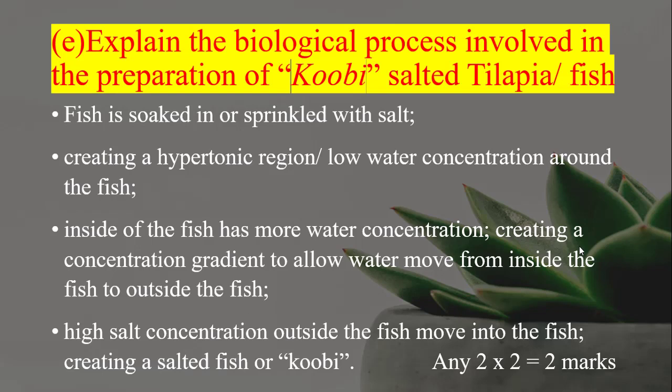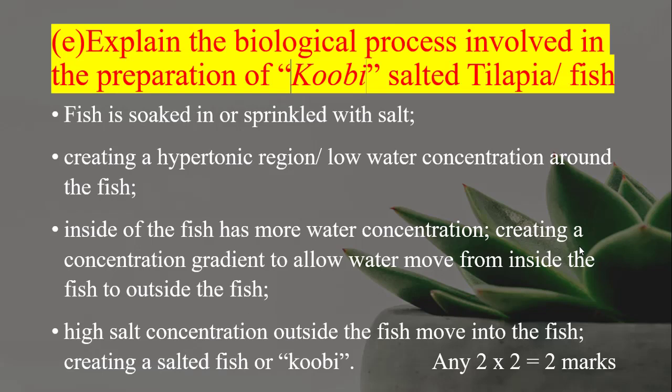And therefore it allows the water to move from a region of high water concentration to low water concentration outside the fish. And as we know, the preparation of kobe is another way of preserving fish. Water is a major contributor to spoilage of food substances, organic substances, and therefore we want to eliminate the water.